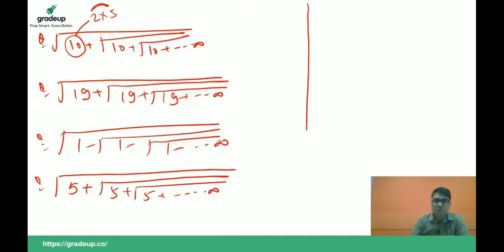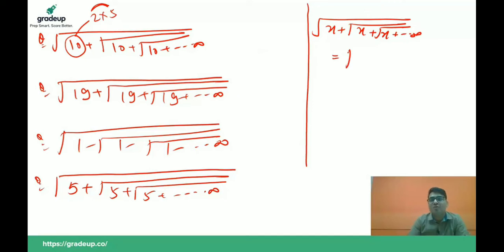For these types of questions, always remember a formula: for root of x plus root of x plus root of x and so on, the answer is root of 4x plus 1 minus 1 divided by 2. Wait, with the plus sign it is root of 4x plus 1 plus 1 divided by 2. This formula is derived from the quadratic formula, Sridharacharya formula, minus b plus minus under root b square minus 4ac upon 2.